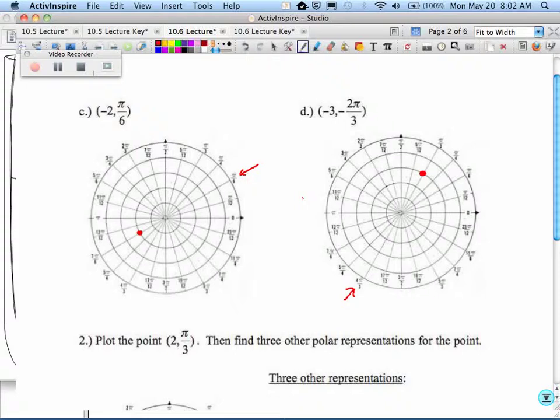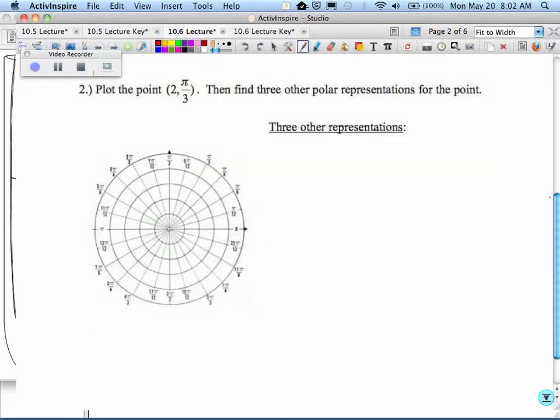Now, for every polar coordinate, for every dot on the polar graph, there are 4 representations. So what I'm going to do is go to pi over 3. Pi over 3 is right here. And we're going to go to the second ring, so I stay on the same side and I put a dot there. So that is 2 comma pi over 3.